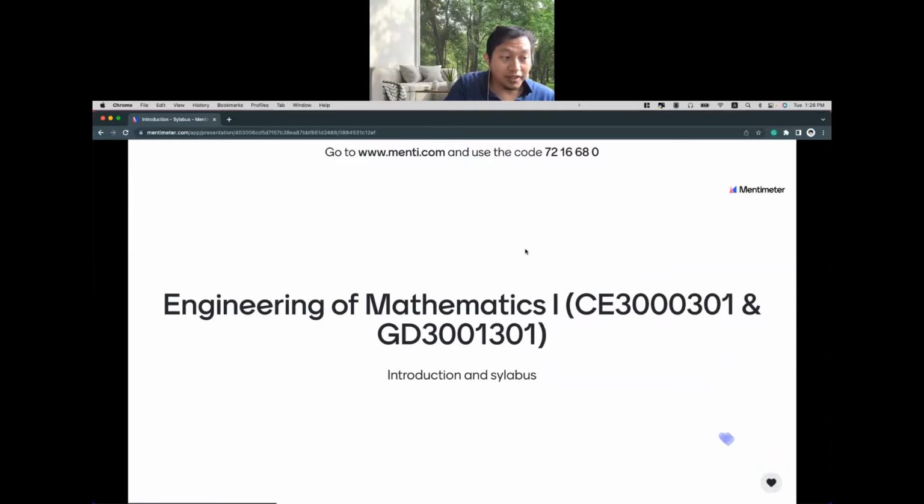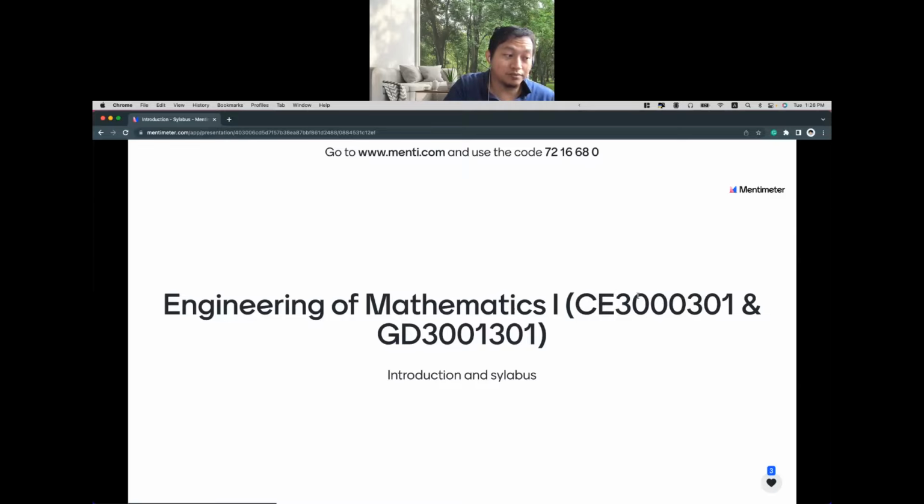So we actually have two codes. I'm not sure why this happened, because I think the problem is within the system and the curriculum. So I need to manage two sections in Moodle. The first one is the CE, the second one is the GD part. These are different programs, but actually we have the same course, so they have not yet solved this problem.